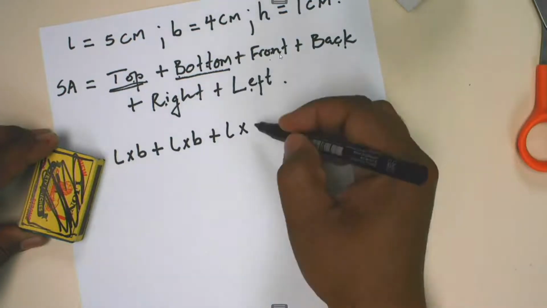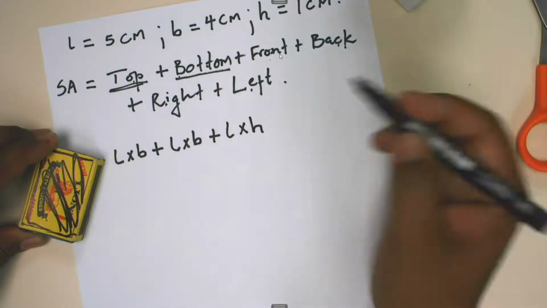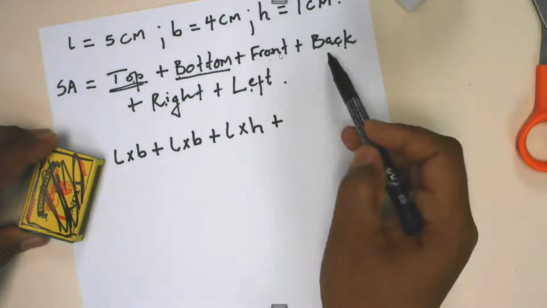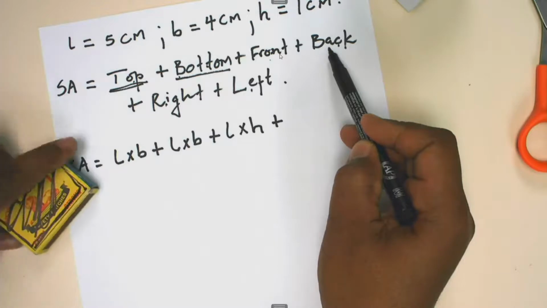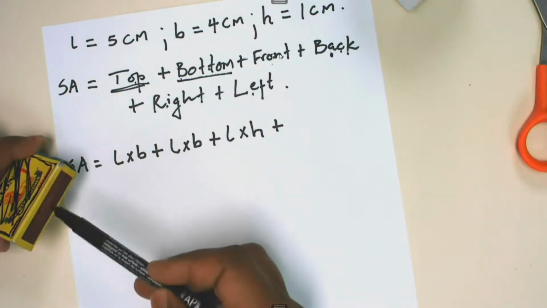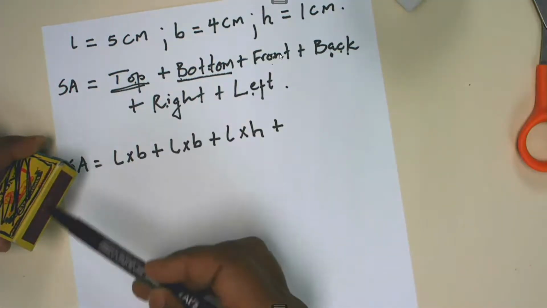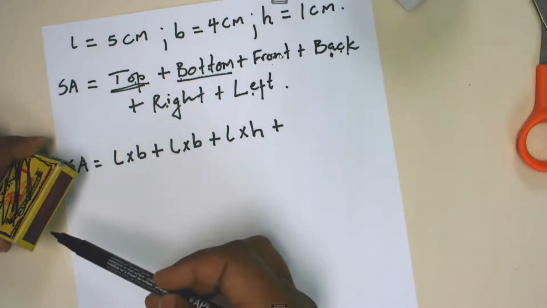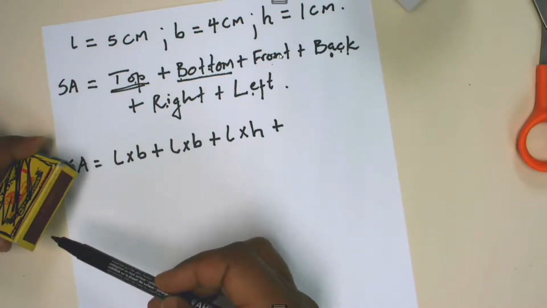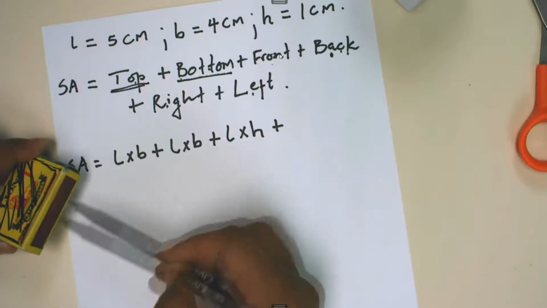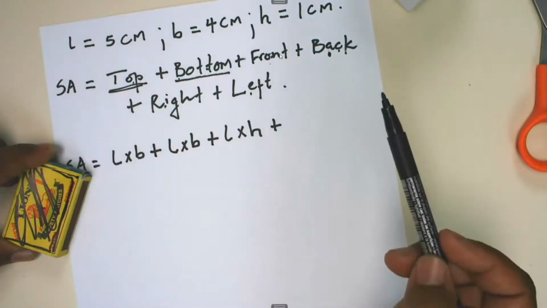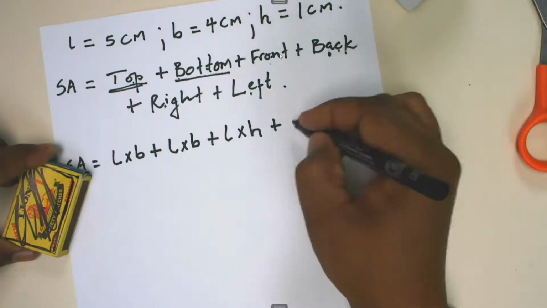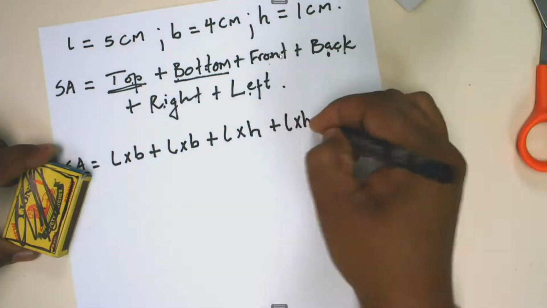It will be the height. Thank you. Plus, look at the back. It will be exactly like the front. It is also a rectangle in terms of 2D shape. How do we measure the area of a rectangle? It is the length, but now this side is going up in this rectangular prism. Therefore, I will have the length multiplying the height.